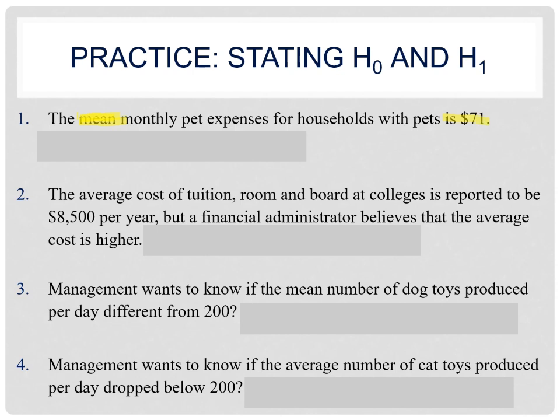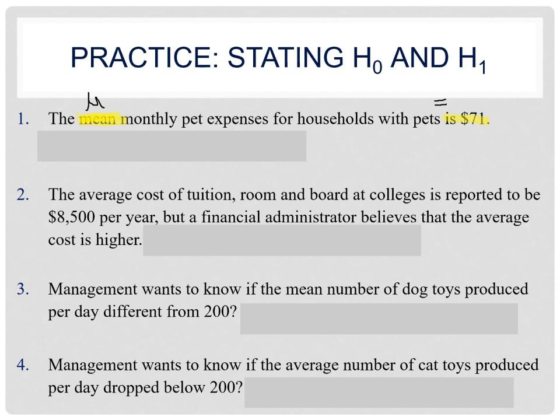This is the assumed truth right now. They believe that the average is 71. So they believe that the mean, the mu, oh, that was hard to write on PowerPoint. The mean mu is equal to $71. Right now, that is the assumption.